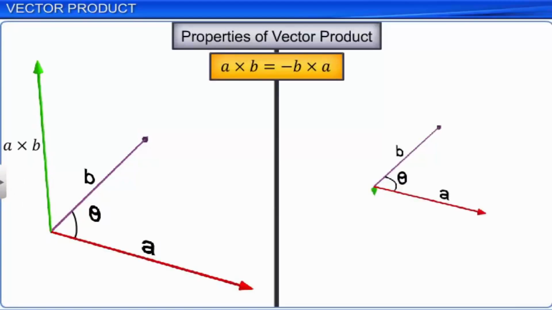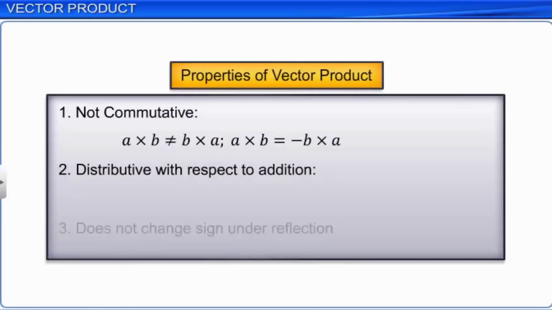Vector product is distributive with respect to vector addition. Consider three vectors A, B and C as shown.